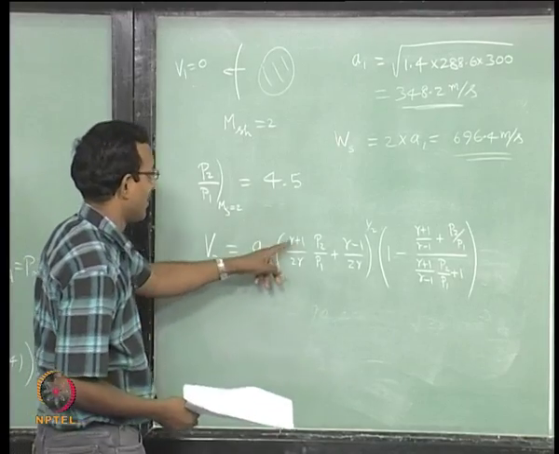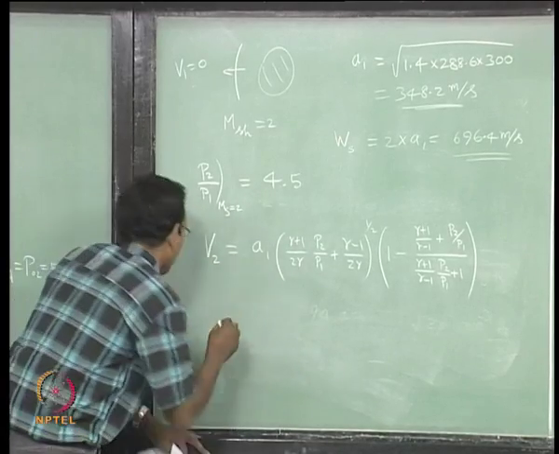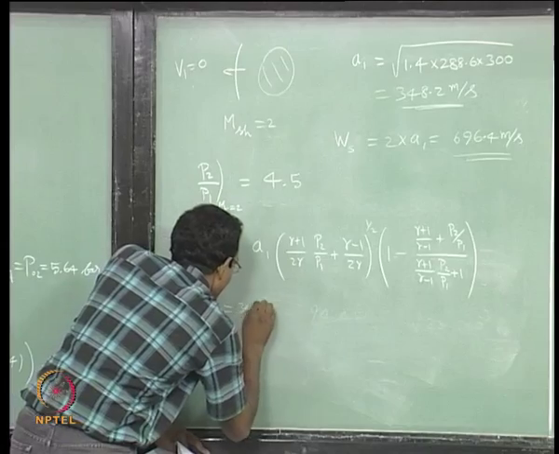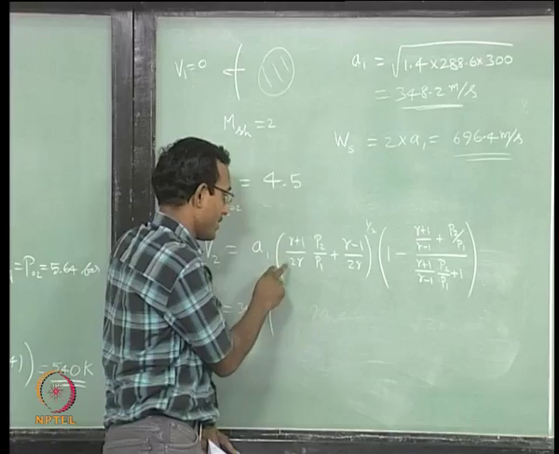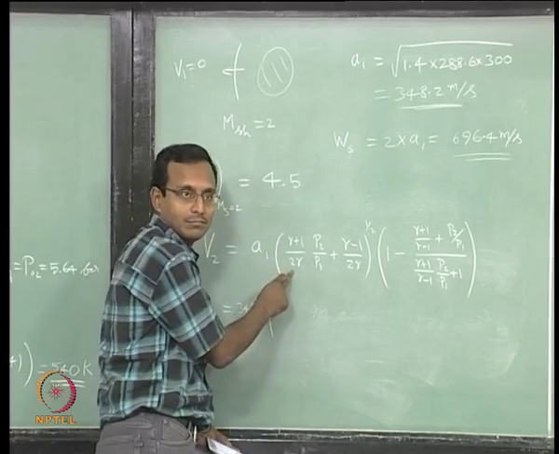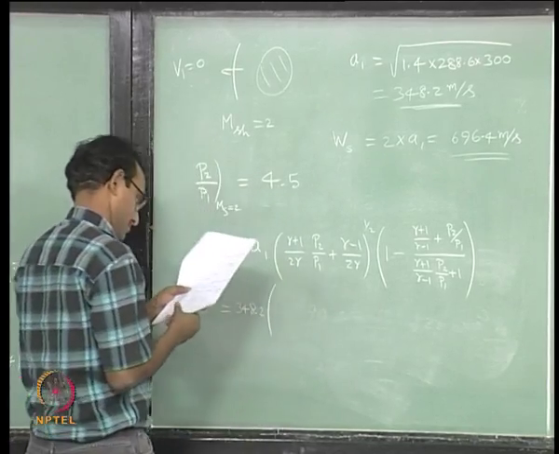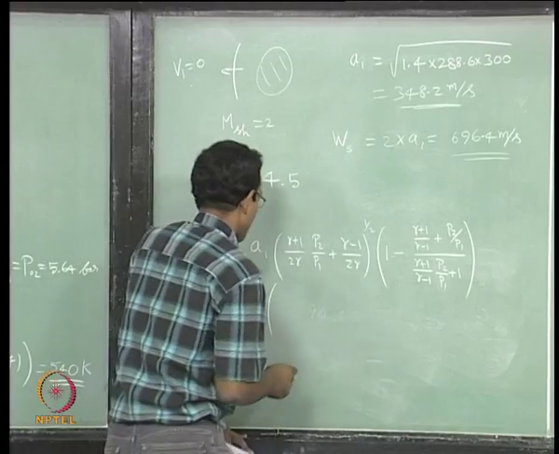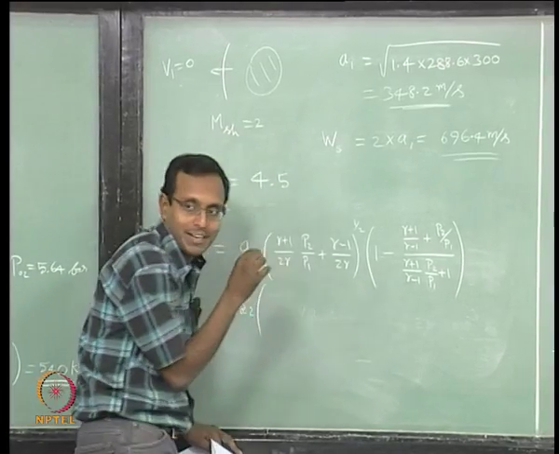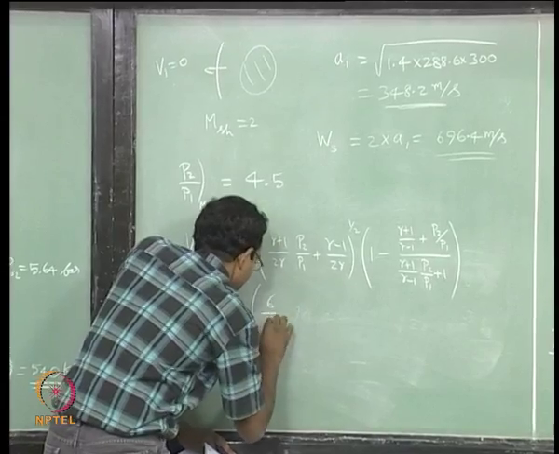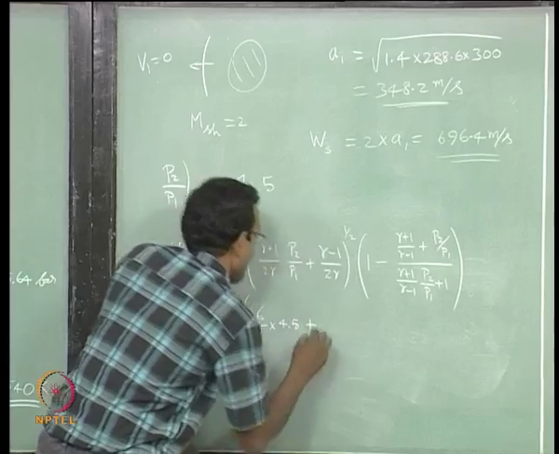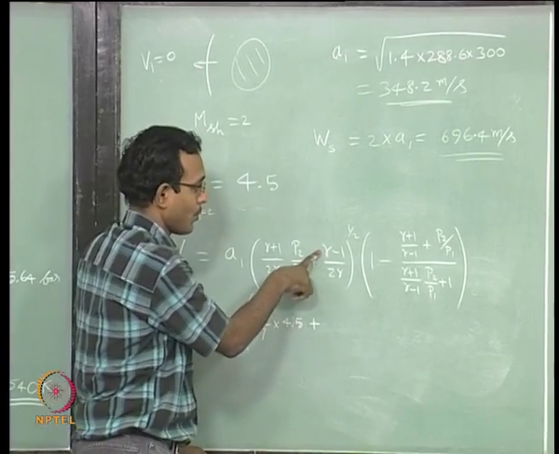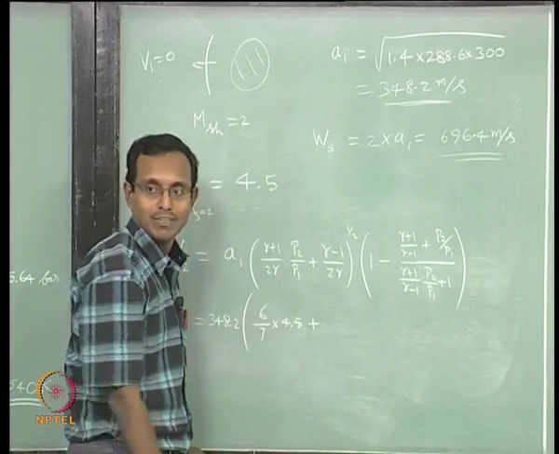And here it is gamma plus 1 by 2 gamma. We will write the numbers anyway, 348.2 into 2.4 by 2.8, 24 by 28. Okay. So, that is 24 by 28 is 6 by 7 into 4.5 plus this is 0.4 by 2.8, 1 by 7.